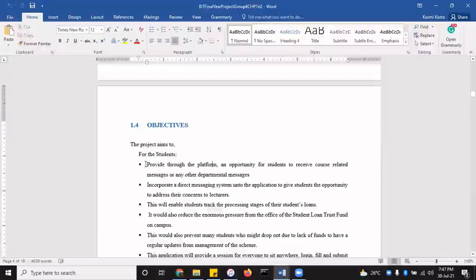Now, you remember what I said earlier, your objective is supposed to indicate the how. Over here, he's talking about how the implementation will actually provide some kind of service. But the question is, how do you provide the platform? How do you go about that? That becomes the objective.